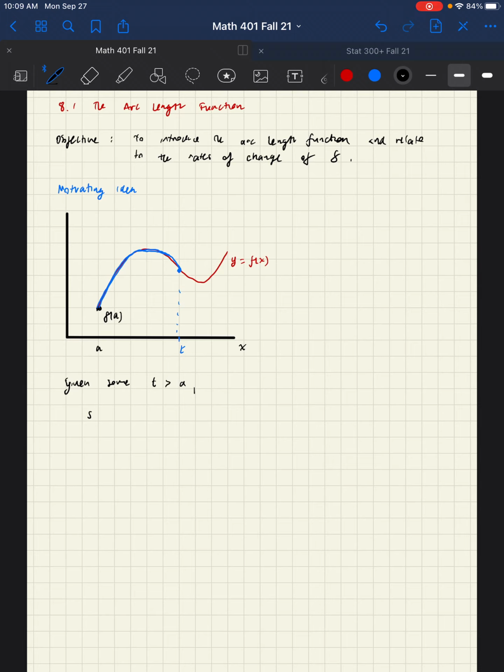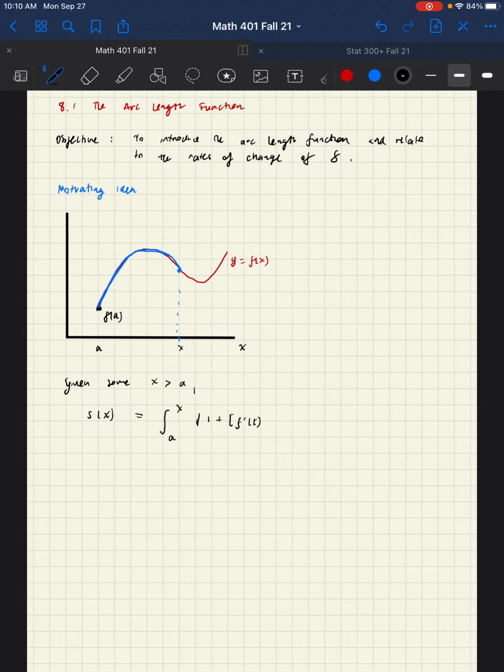So basically, given some x at least a, the arc length function s of x is equal to the integral from a to x of the square root of 1 plus f prime of t squared dt.